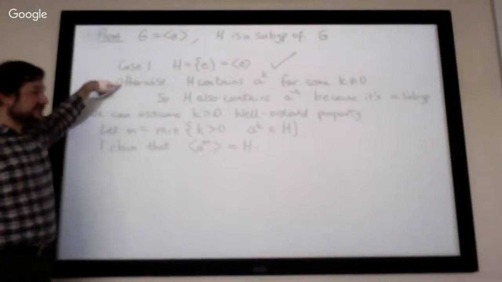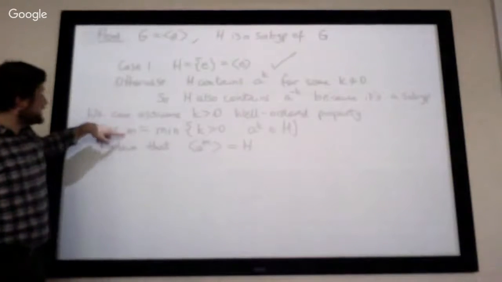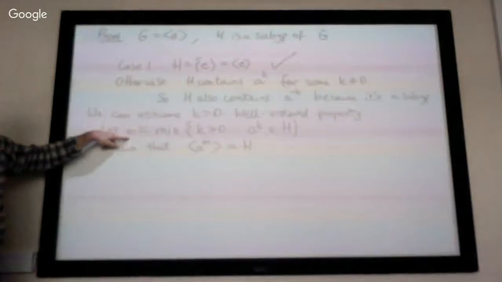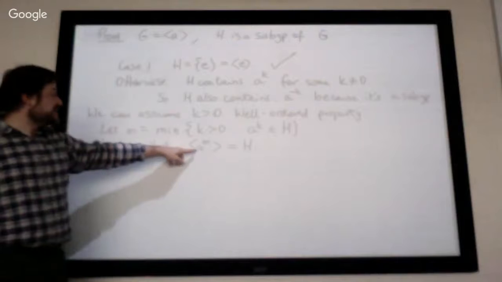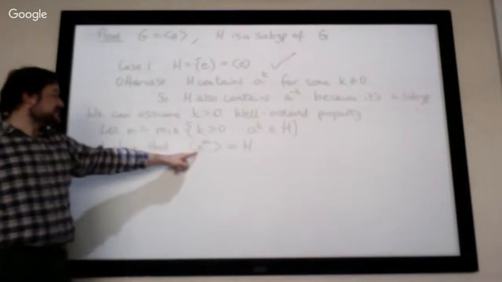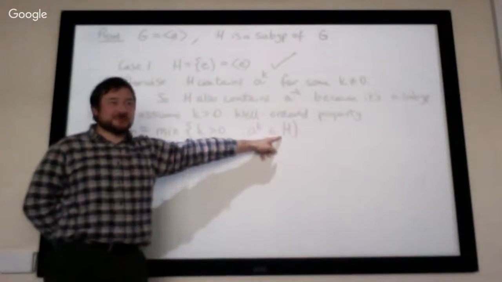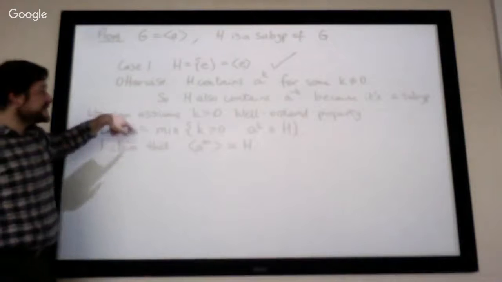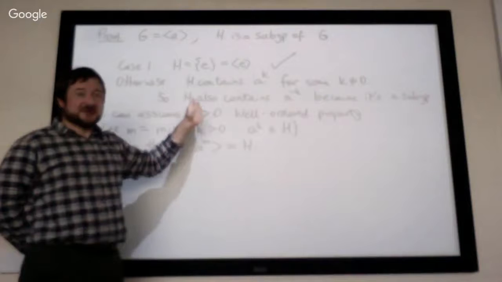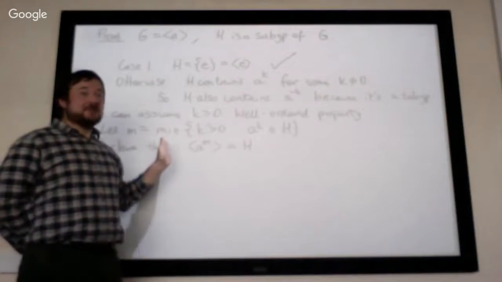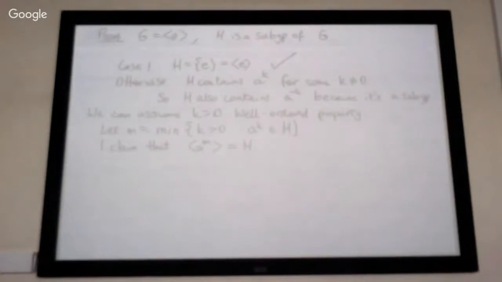If not, then we find the smallest m such that the mth power of the generator we picked, A to the m, is in H, but A to anything smaller than m and bigger than 0 is not in that subgroup. That was our choice of m.